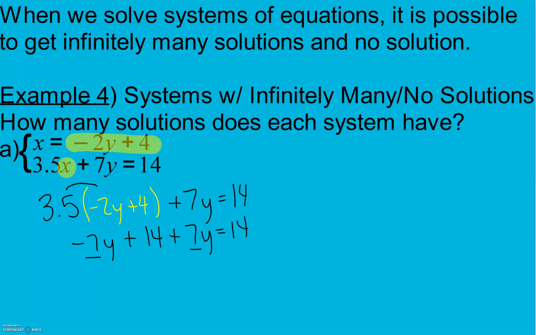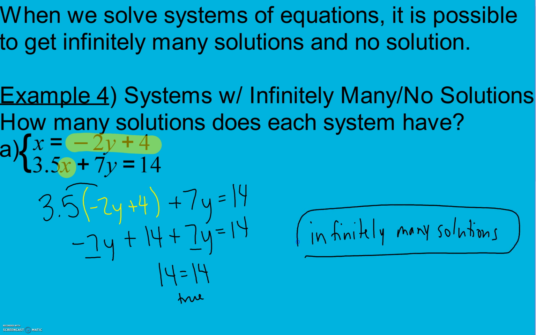Combine like terms, and negative 7y plus 7y gives me 0 y's. So all I have left is 14 equals 14. Since that's true, it's infinitely many solutions. These two equations, if we solve them both for the same variable, would look exactly the same.